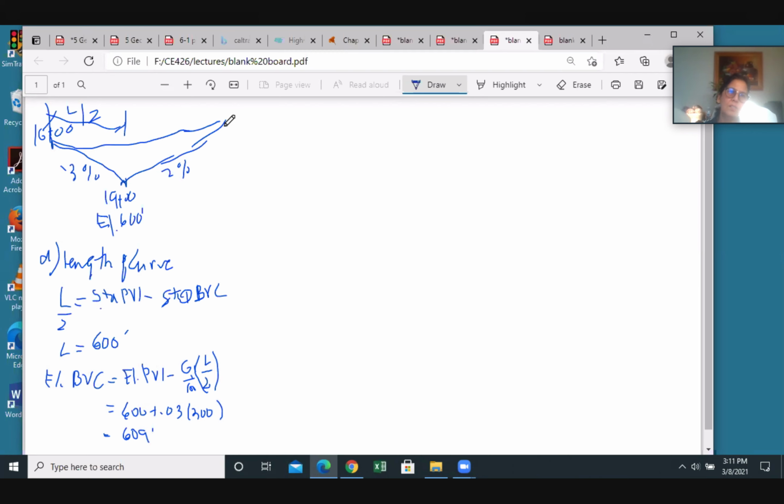And what about the elevation of the EVC? What about the station of the EVC? Let's try that first for completeness. The station of the EVC is equal to the station of your PVI plus L over 2 again, right?